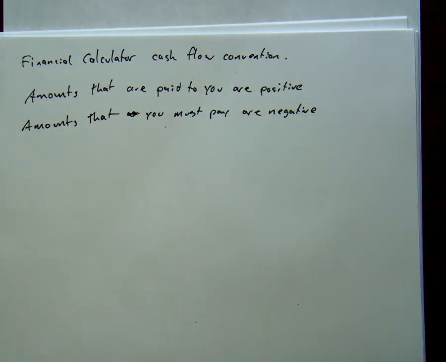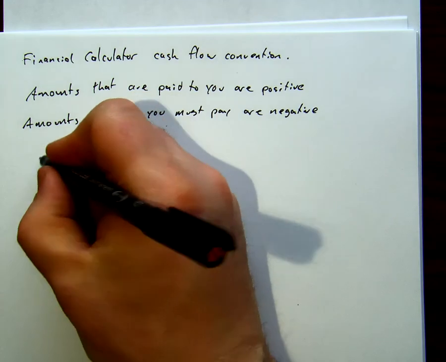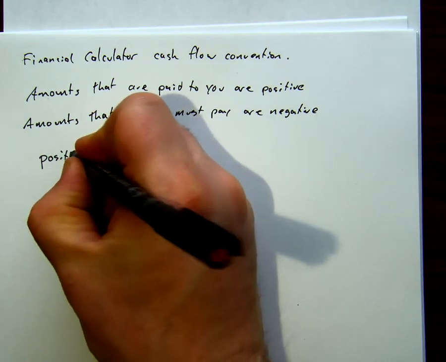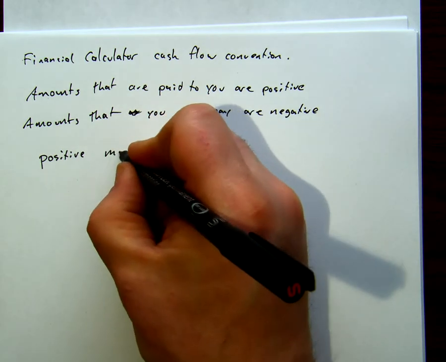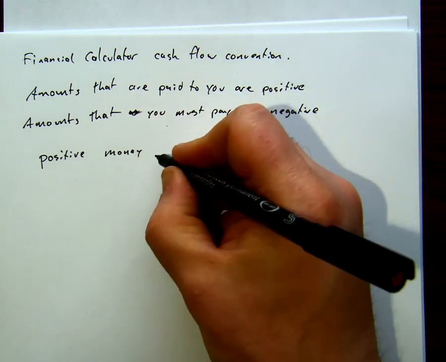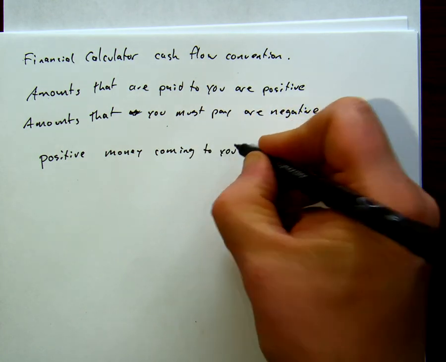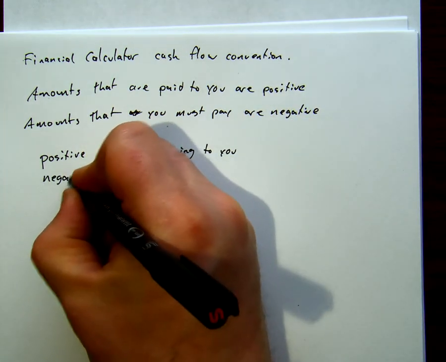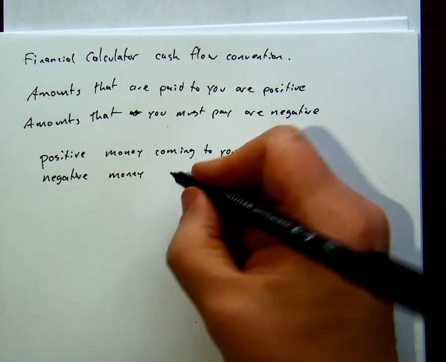These are amounts you have to pay, a negative amount. It's money leaving you. So positive is money coming to you, and negative is money going away from you.